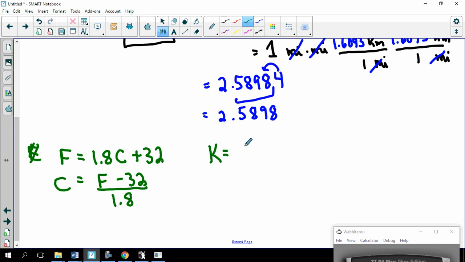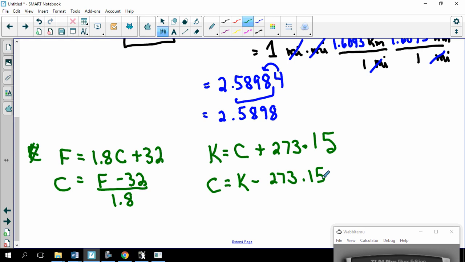Kelvin equals Celsius plus this absolute 0 number, 273.15, and Celsius equals Kelvin minus 273.15. If I remember right, absolute 0 is the coldest possible temperature, negative 273.15 degrees Celsius, so they called that 0 Kelvin, and then we had Kelvin temperatures.